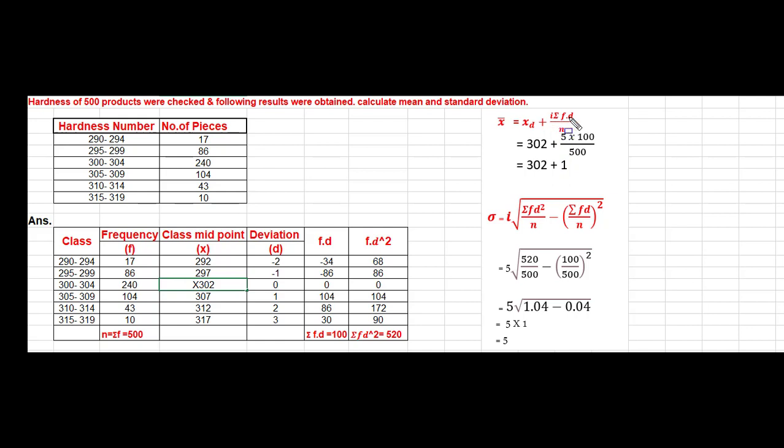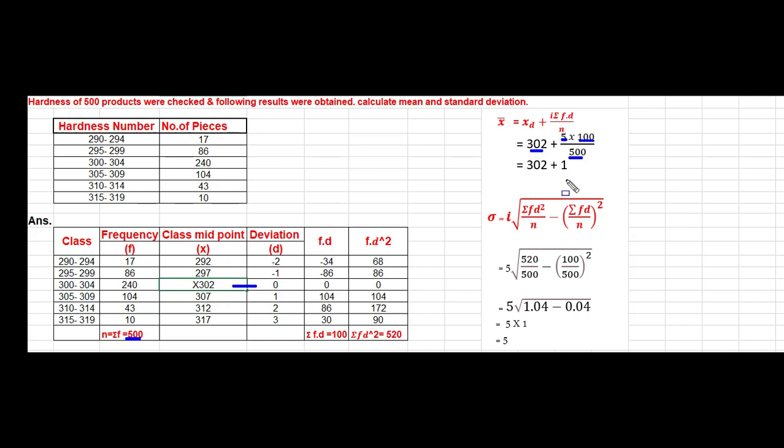Sigma fd is 100, which we found previously, small n is 500, and xd is 302.